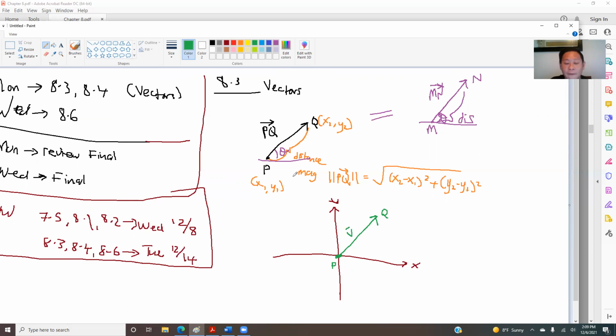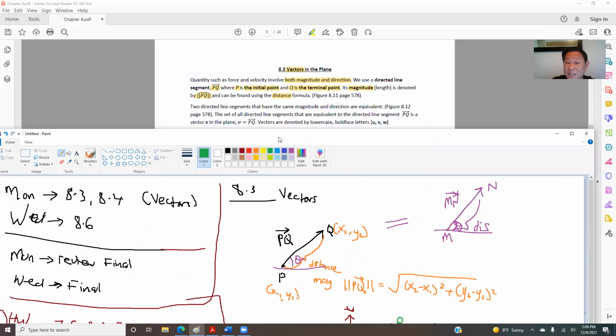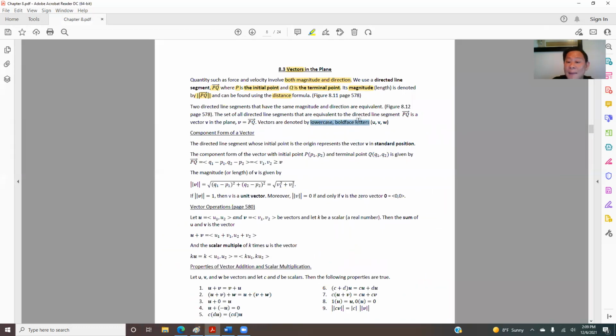So vector v, vector PQ, and vector MN are called equivalent vectors, meaning the direction is the same and the distance is the same. In order for you to write this vector v here, you have to write it as a lowercase, bold-faced letter.